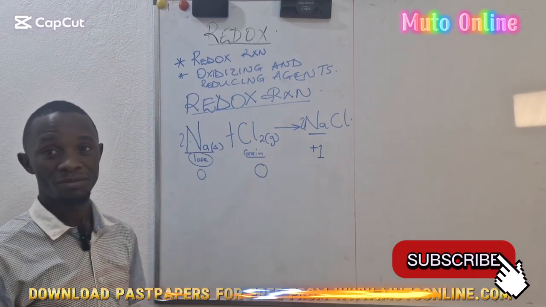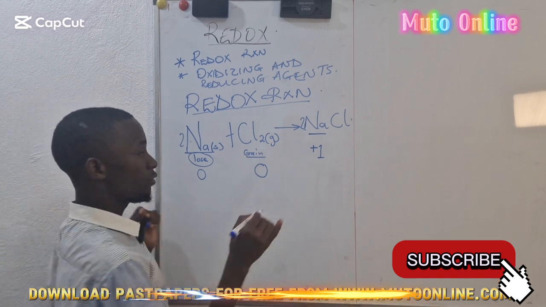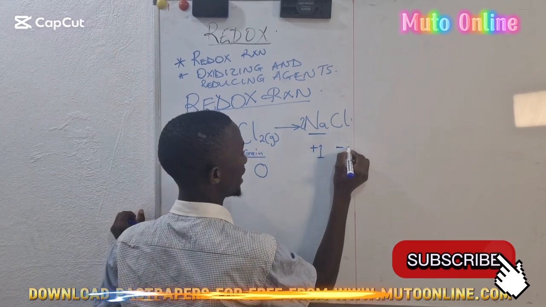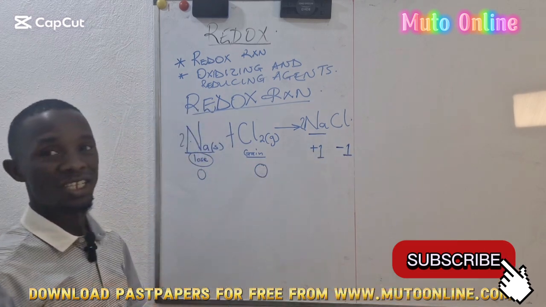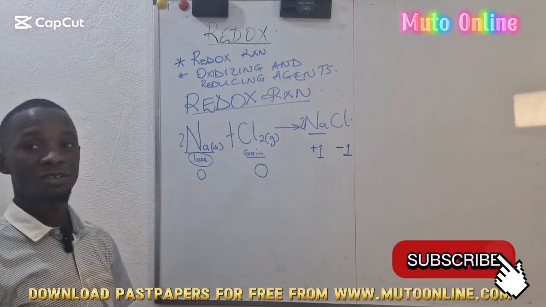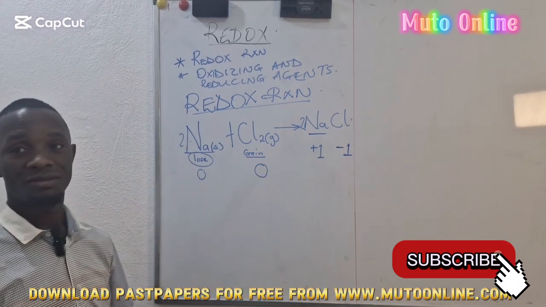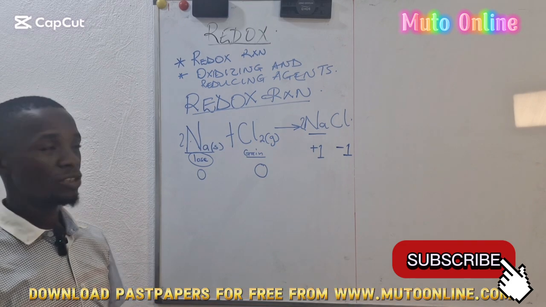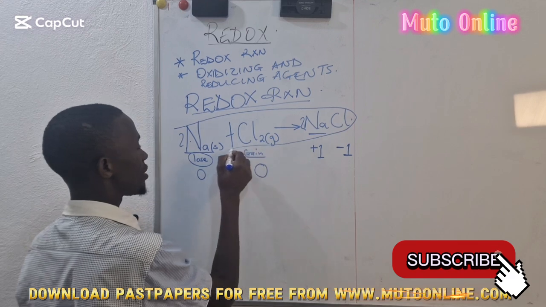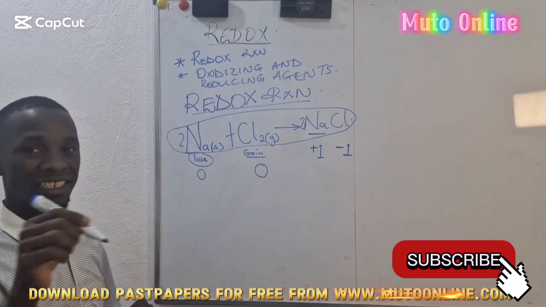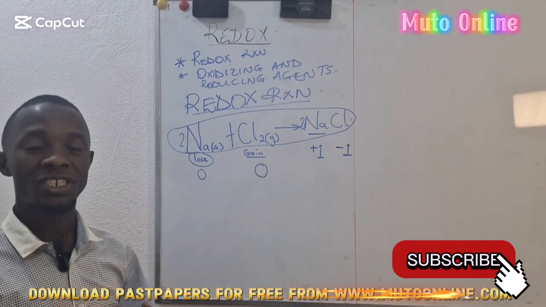And that of chlorine, we shall find that it has an oxidation state of -1, as this one is reducing. So in this reaction, there is both oxidation and reduction occurring at the same time, simultaneously.